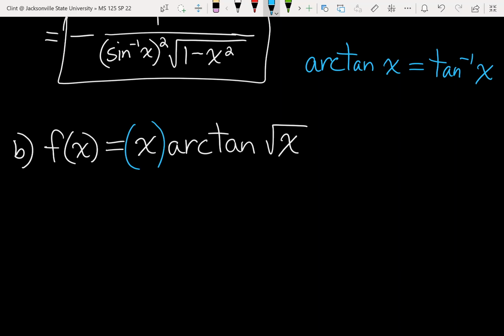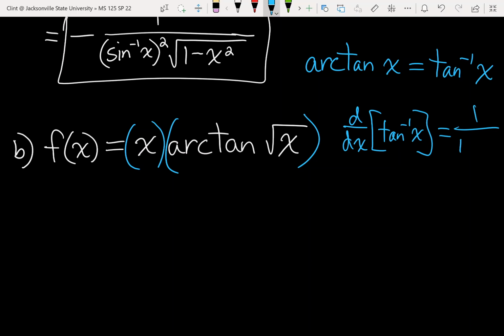We got x times arctangent of square root of x. And then I'll put our definition over here again. That one was 1 over 1 plus x squared when we need it.